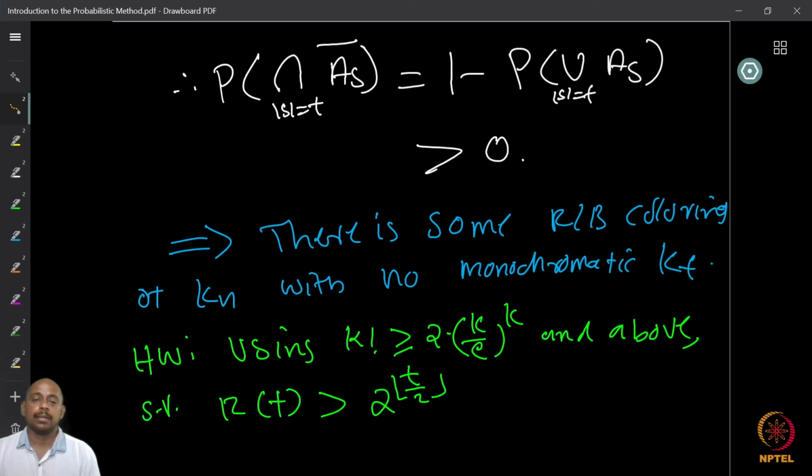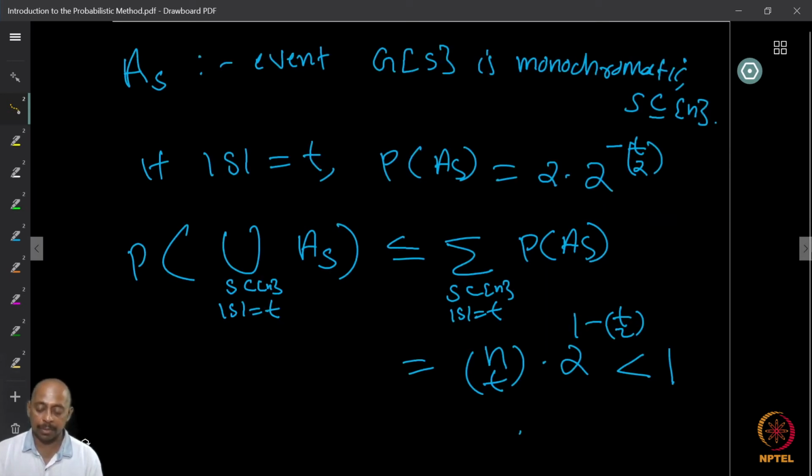For that you can use the following inequality: k factorial is greater than 2 times k by e, whole raised to k. Using this and the identity that we showed here, n choose t into 2 raised to 1 minus t choose 2 is less than 1.